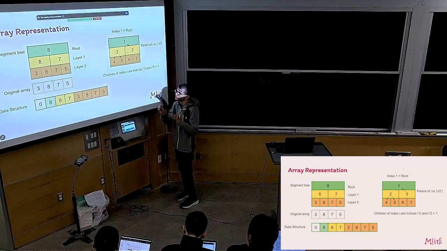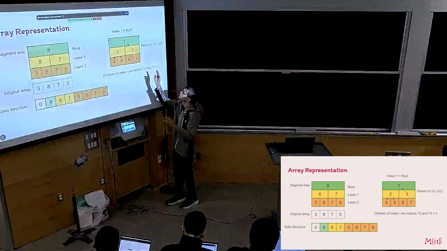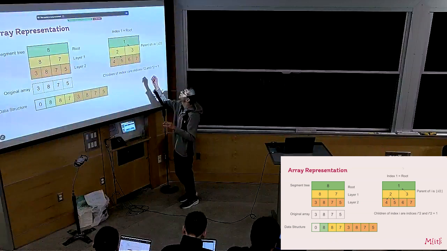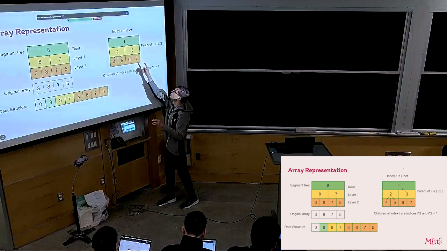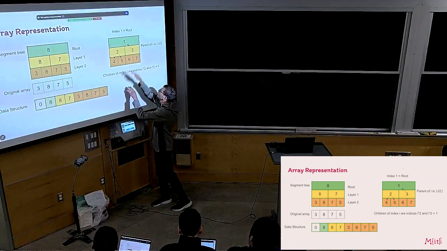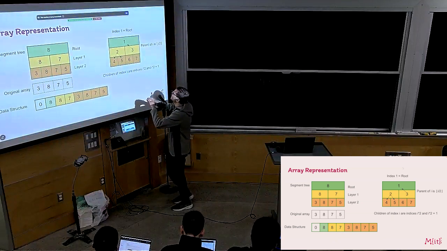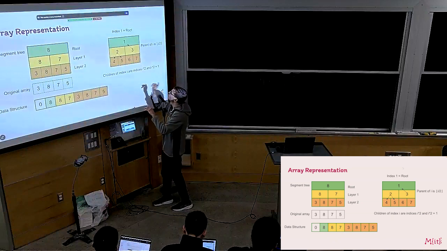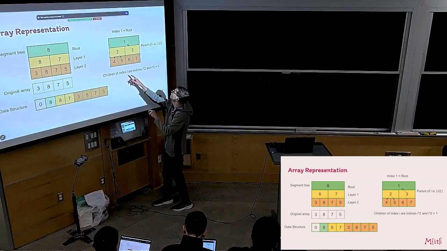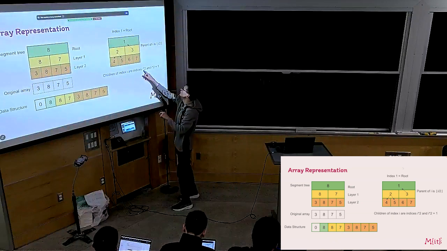The way we do that is we give an index to each of the nodes. We give the root node, which corresponds to the entire array, an index of 1. And then we say that the children of a node with index I will be stored at indices I times 2 and I times 2 plus 1.